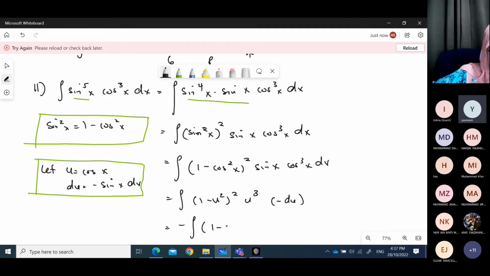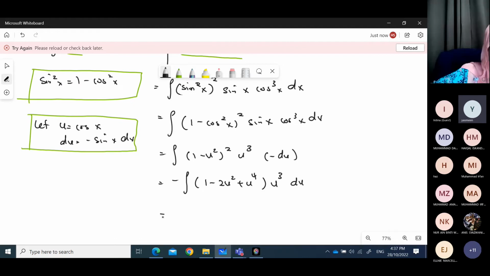Kita akan dapat 1 minus 2 u squared plus u to the power of 4 times u to the power of 3 du. Okay, so negative. Expand. U to the power of 3 minus 2u to the power of 5 plus u to the power of 7 du.